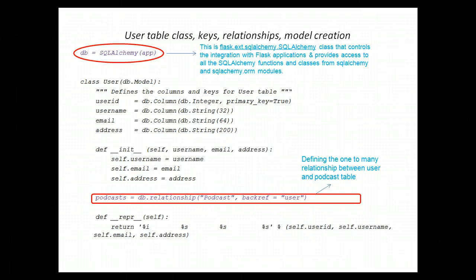And then what basically happens is that once the class has been declared, because this is derived from the meta class, the declarative base class, SQLAlchemy is going to create a mapper between this and an actual table that is created.